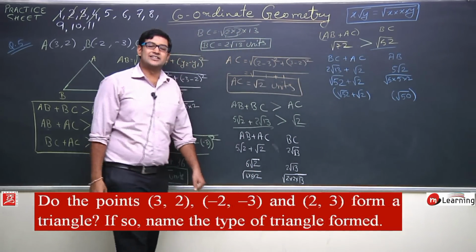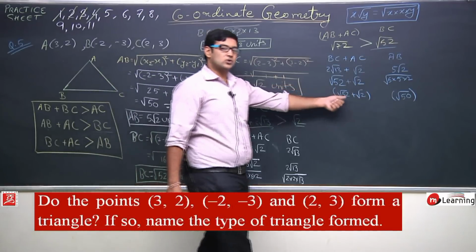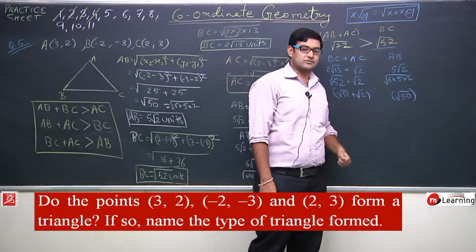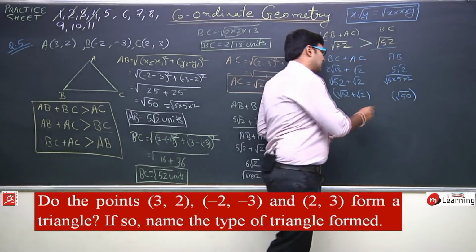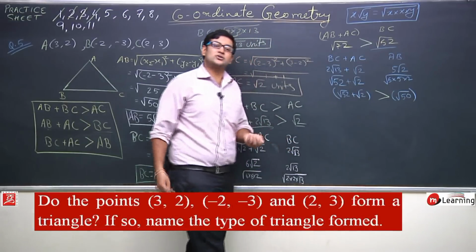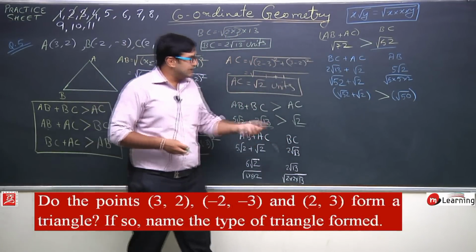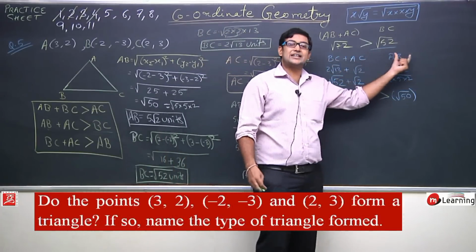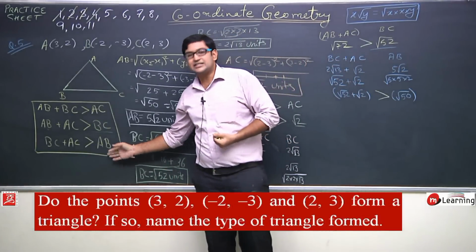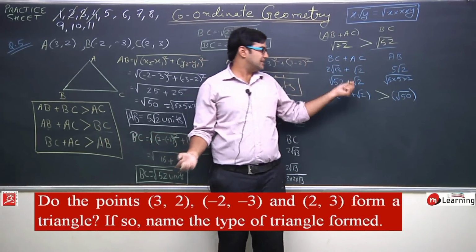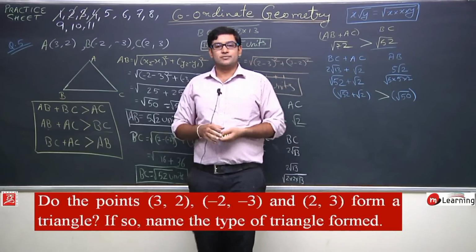Okay. Now which is greater? Root 52 plus root 2 is greater or root 50 is greater? Very clearly you can see that root 52 plus root 2 is greater. So it means BC plus AC is greater than AB. So this third condition is also followed, that BC plus AC is greater than AB.